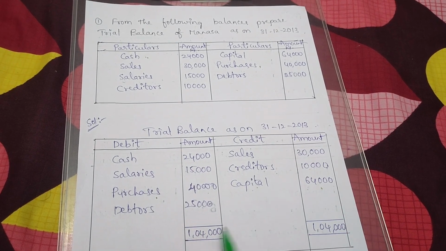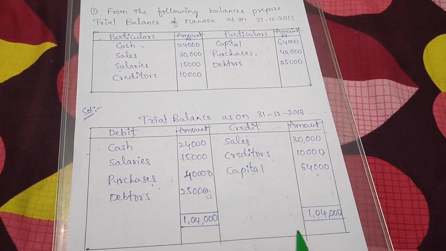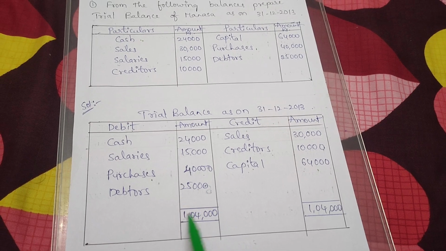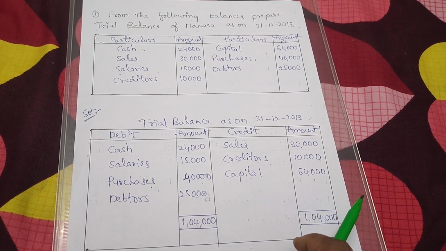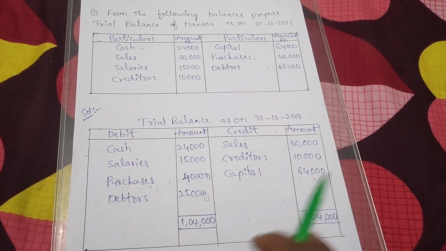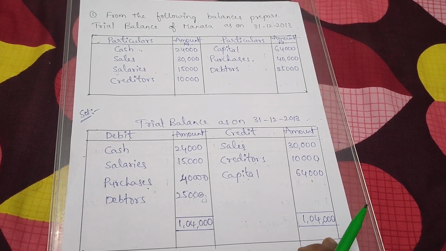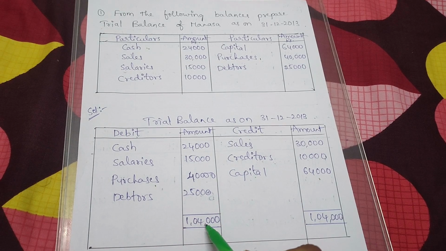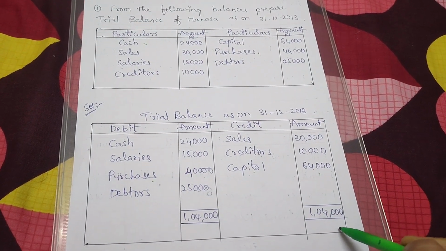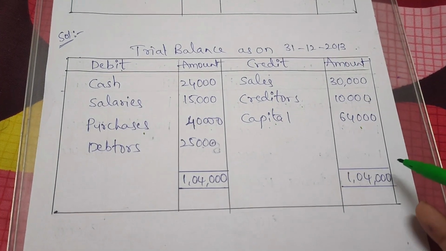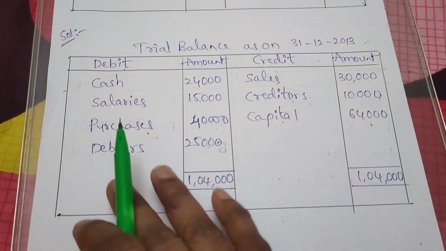Next we have to total it. In the case of a trial balance, totals should be done. If we total both sides, we should get the same total. Here I am getting 1,04,000 and here also 1,04,000. So both sides' totals are the same.